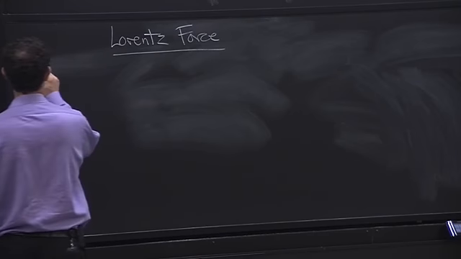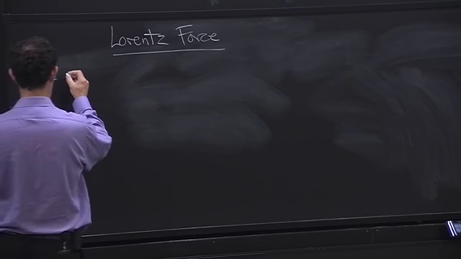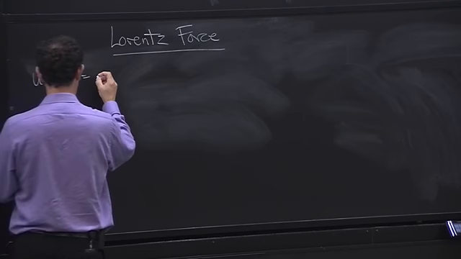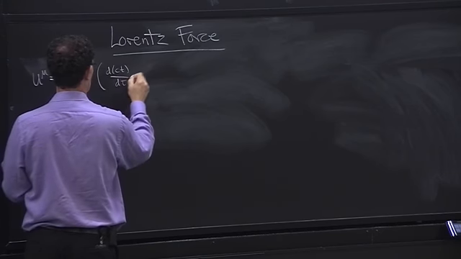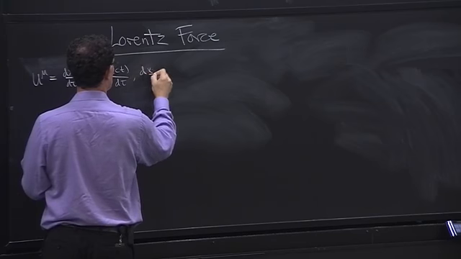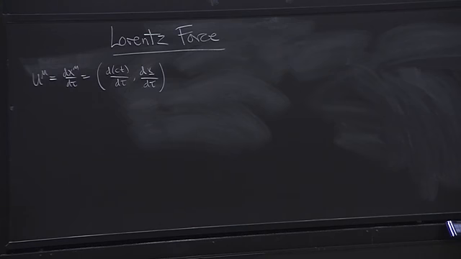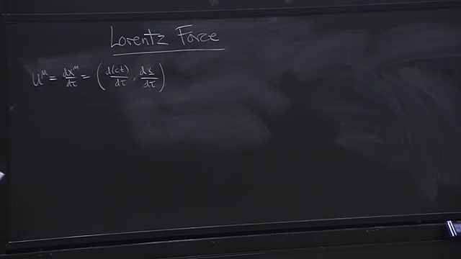So just to remind you, the four-velocity of a massive particle is dx^mu/d tau. This is equal to d(ct)/d tau, dx/d tau. And we want to know how this four-velocity changes in the presence of an electromagnetic field.